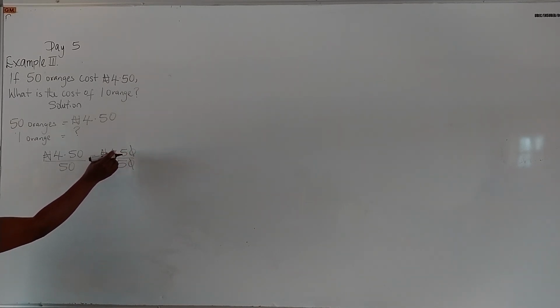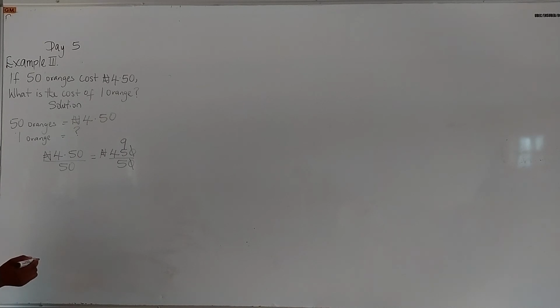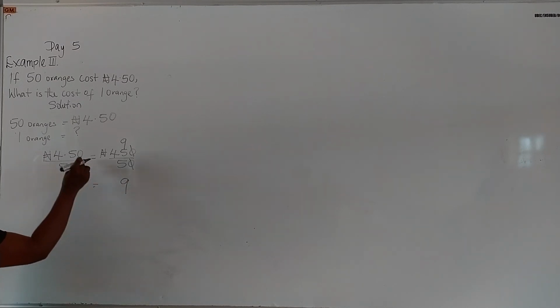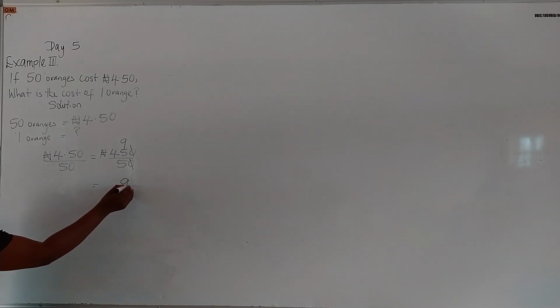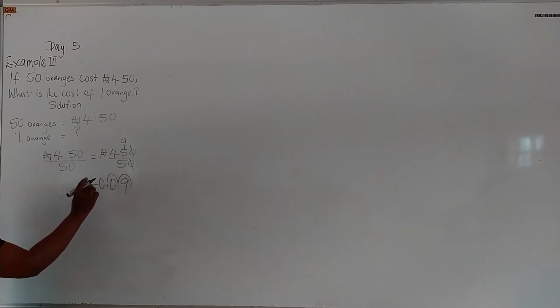5 divided into 45 is what? 9. Write your 9 on top of 5. Then 1, 6, write it out. How many decimal places? 1, 2. Let's put the decimal places here. 1, 0, 2. Put your point, then add 0 outside.